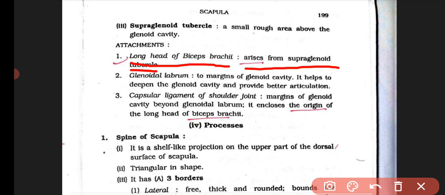Infraglenoid, there is the triceps muscle, and the supraglenoid is the biceps brachii muscle.